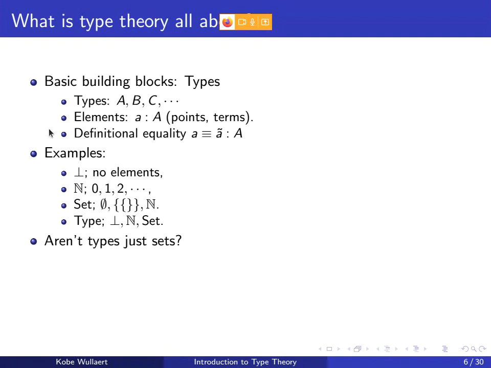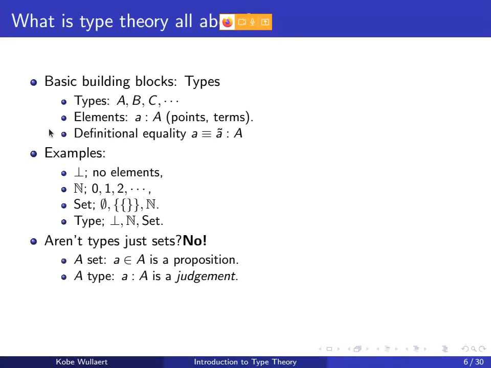So, are types just sets or some bigger kind of sets? No, definitely not. And the reason is because of the elements. In set theory, being a member of a set is a proposition. Any element can be in a set or not.